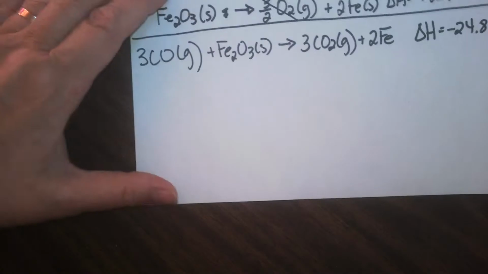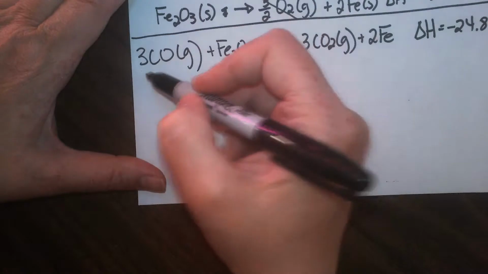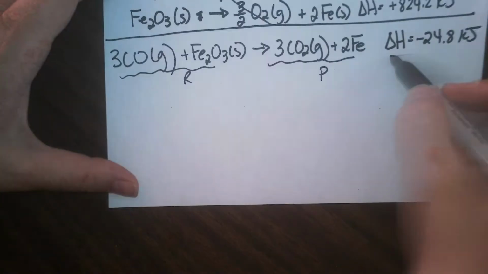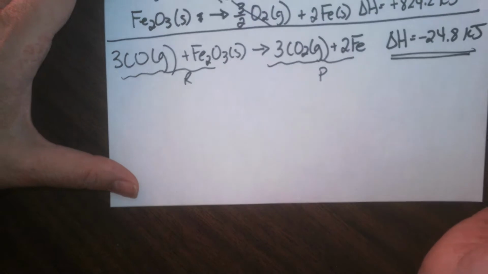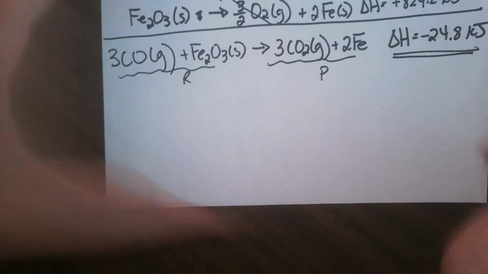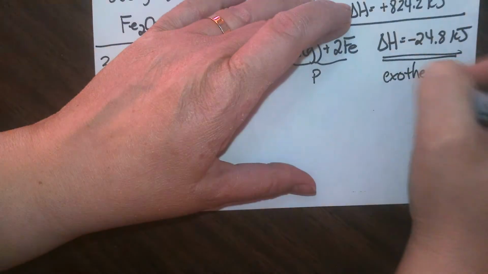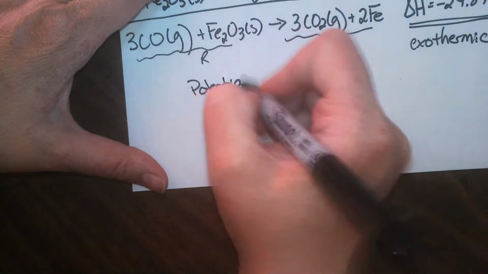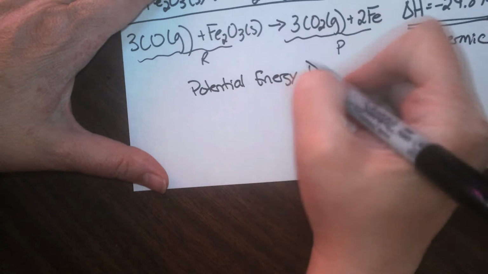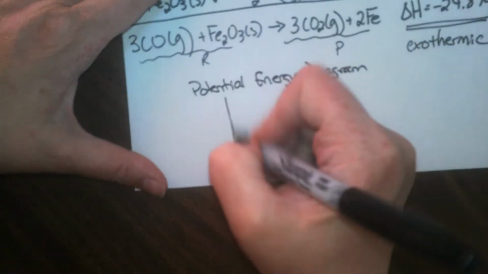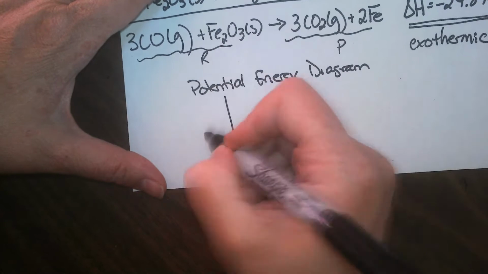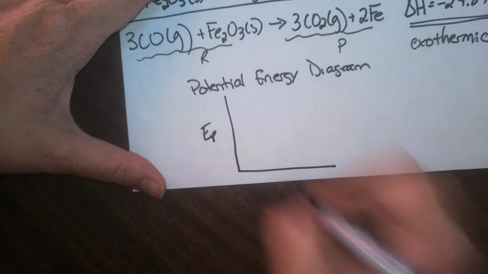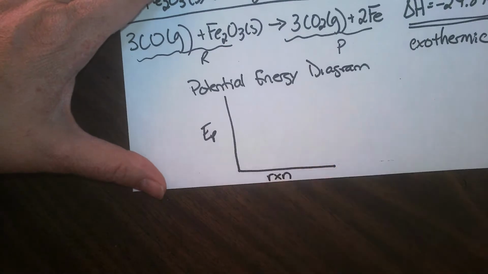Okay, we can draw a potential energy diagram for this, remembering that these are the reactants, these are the products, and this enthalpy says what kind of reaction? Exothermic. So if I was to look at a potential energy diagram, we're going to put energy potential on the y-axis. We're going to put our reactions on the x-axis.